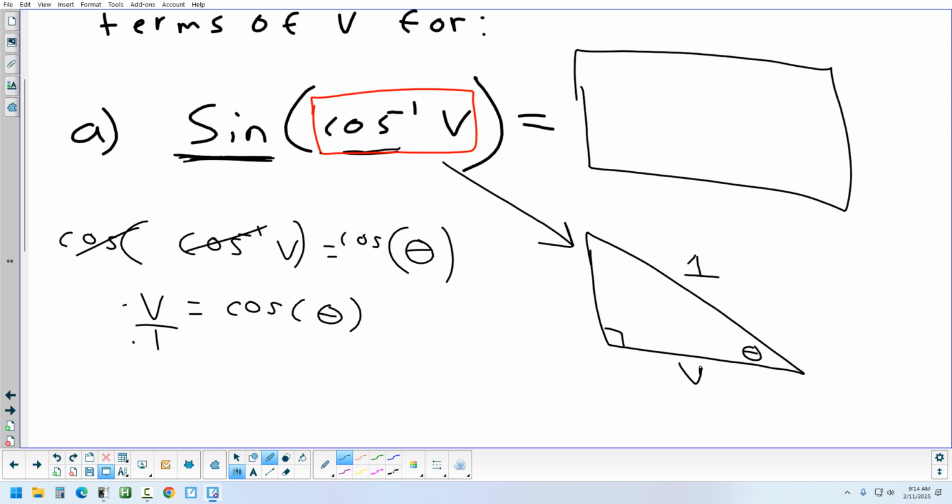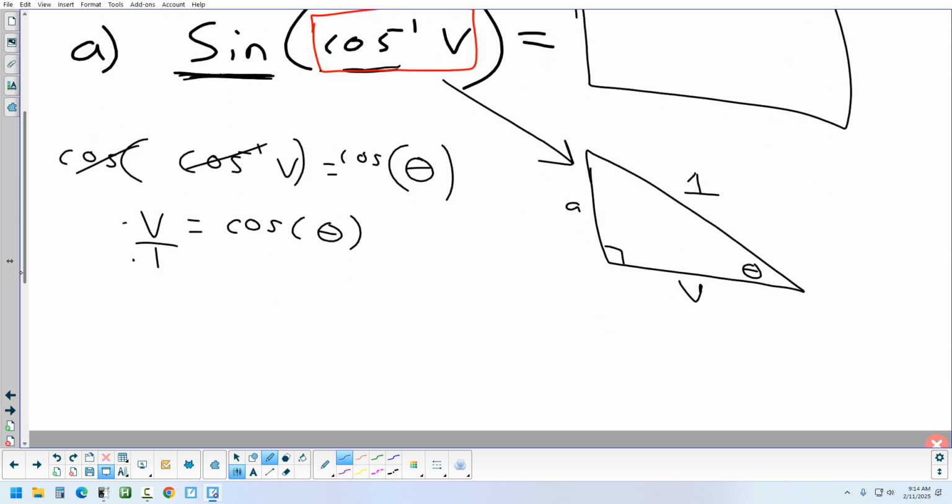Okay. How am I going to find the opposite? What can I do? Yeah, we can do Pythagorean theorem. We can give it a name temporarily. If you want to call it A, just temporarily, that's fine. But we're going to have an expression for A in a minute.